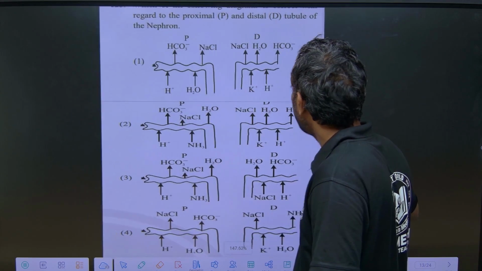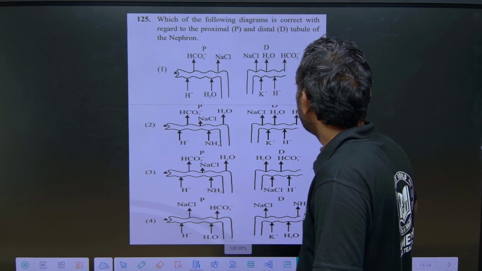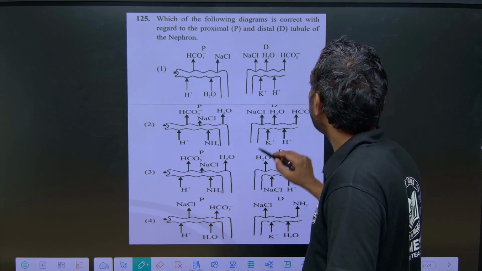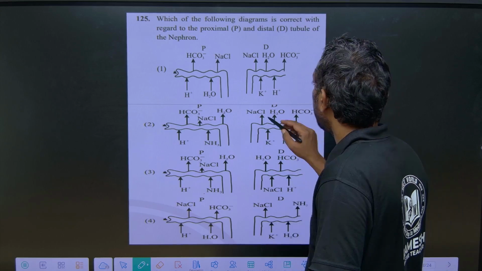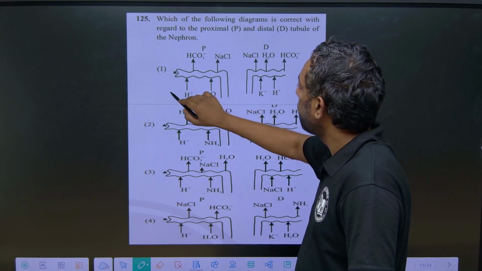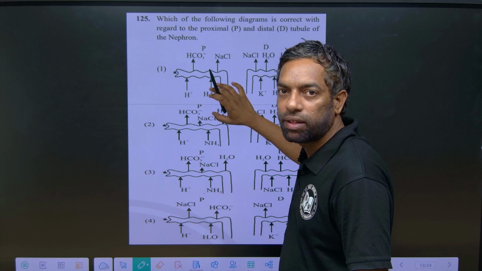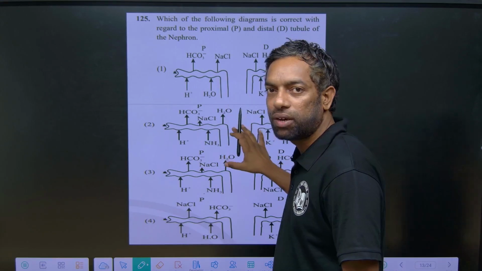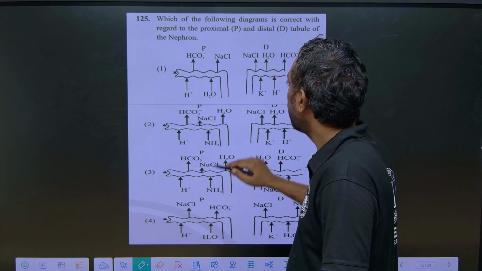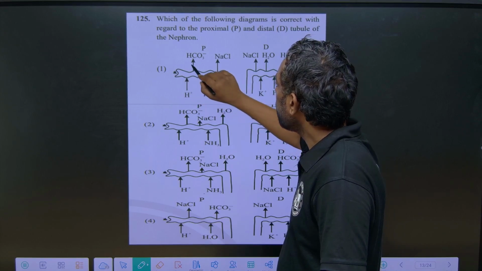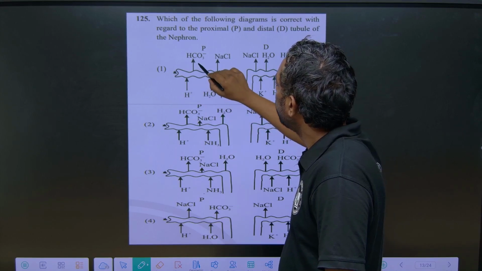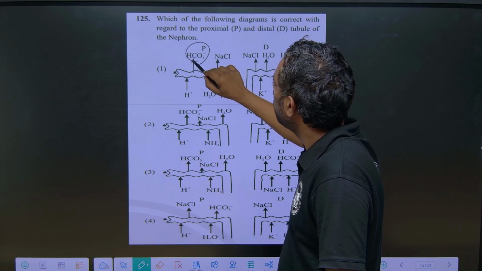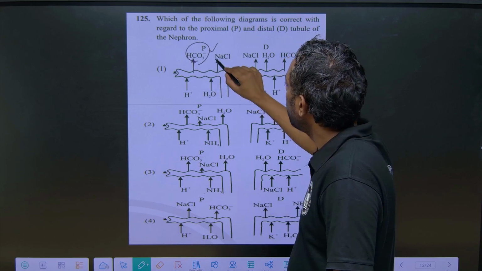The PCT part of the nephron and the DCT part of the nephron. What do they absorb, and what do they secrete? Here the PCT part of the nephron absorbs bicarbonate and NaCl.